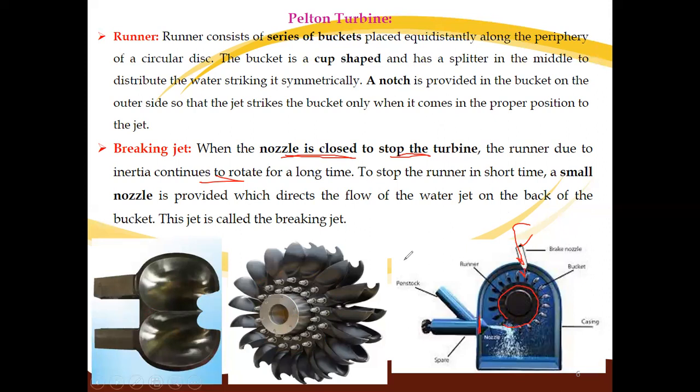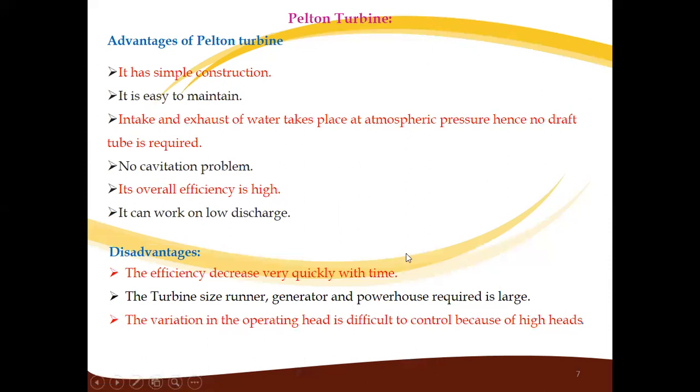So these are the parts of the Pelton wheel. Now we'll see the advantages and disadvantages of the Pelton wheel. It is simple in construction and easy to maintain. Intake and exhaust of water take place at atmospheric pressure, hence no draft tube is required in the Pelton wheel, but in a reaction turbine a draft tube is required.